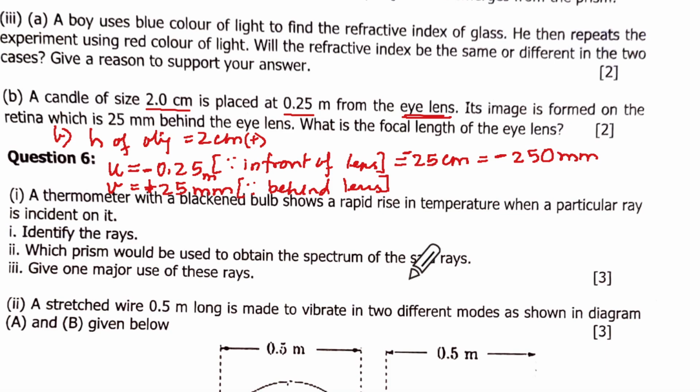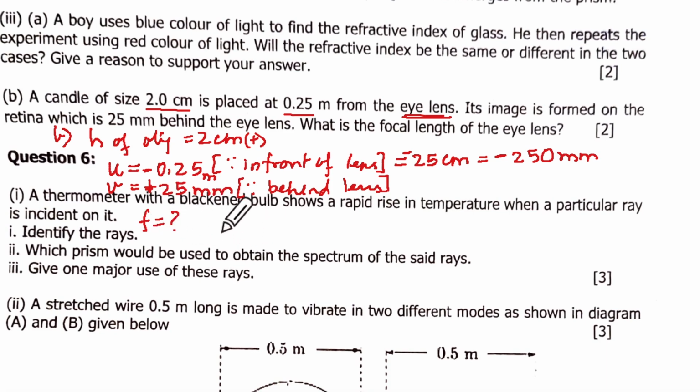We have to convert everything into centimeters or millimeters, whatever we do, it has to be the same. And I don't want any decimal, so I am taking millimeter. Later on, in the last answer, we can convert into centimeter. So focal length equals question mark.